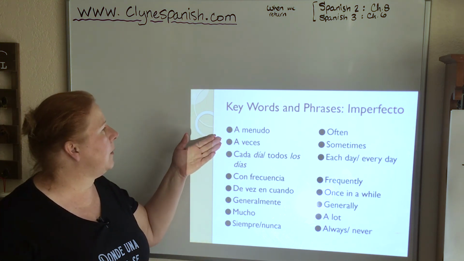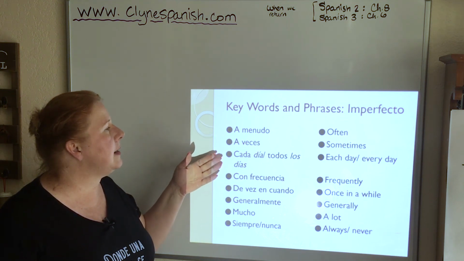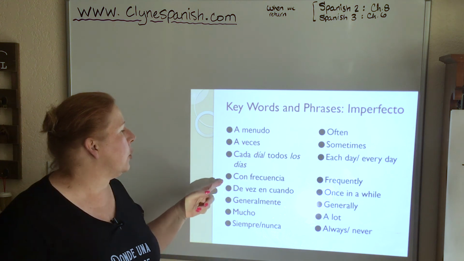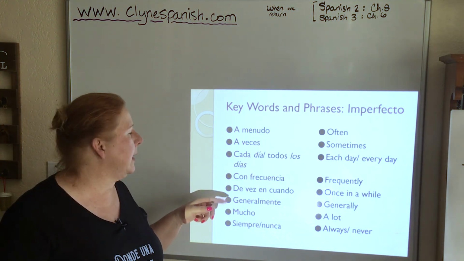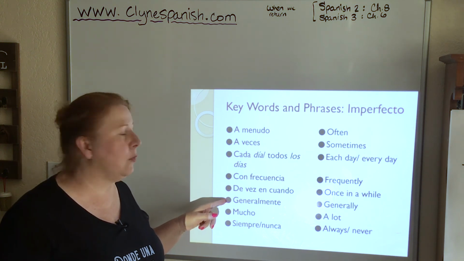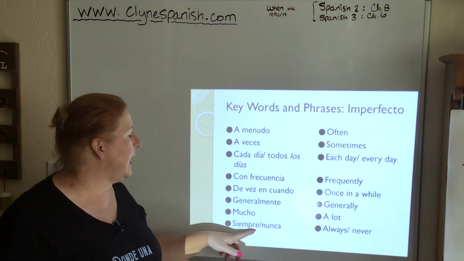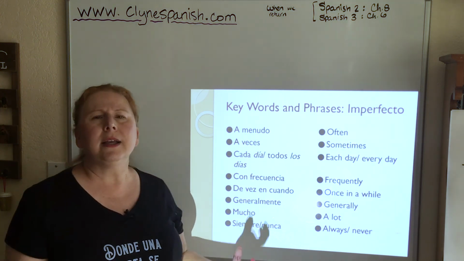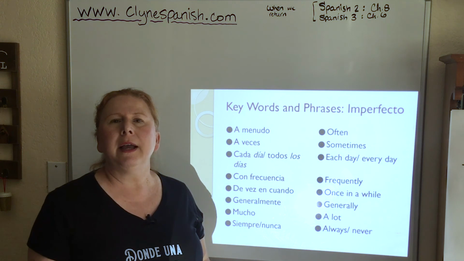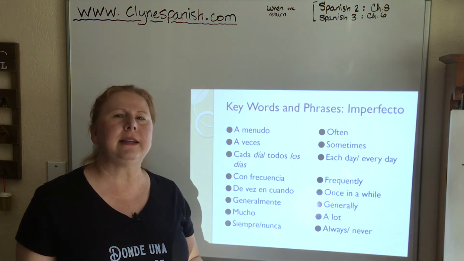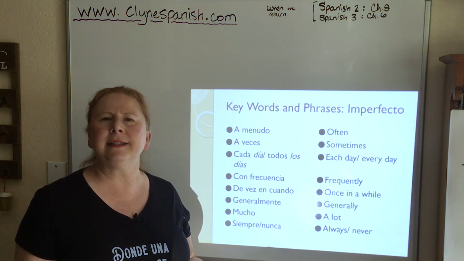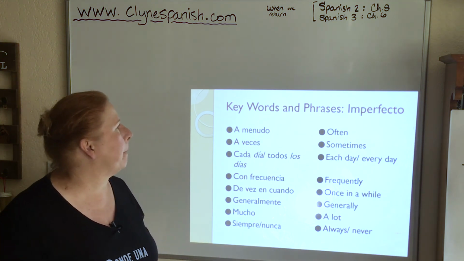So often, a veces, sometimes, cada día, every day, each day, you see that, a repeated action, imperfect. Con frecuencia, frequently. Every now and then, every once in a while, generally, key right there. Mucho, a lot, siempre or nunca. Keep your eyes open for these. They really will guide you. And hopefully I can see some of these in your writing assignments. You can navigate a little easier, like I said, between preterite and imperfect.